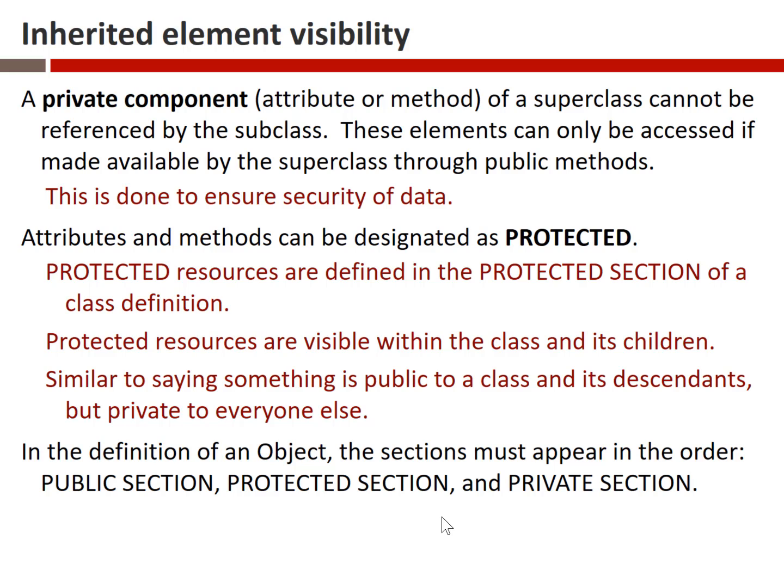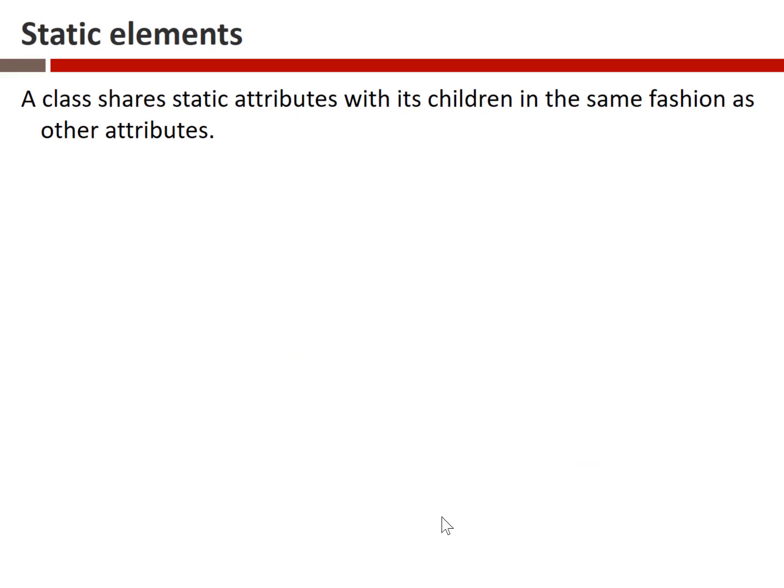Now, there's one thing we haven't talked about to this point, and that's what about static elements, class data and class methods. And remember, the whole idea behind class methods and class data was that they're shared universally. And I don't have to actually instantiate an object to get them. So, how does this work?